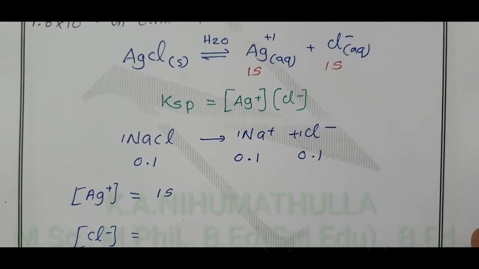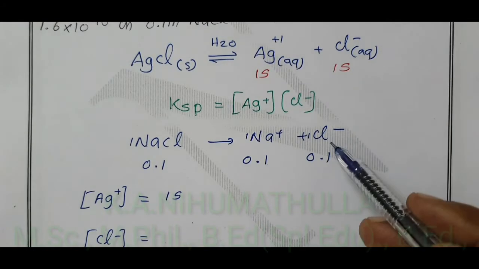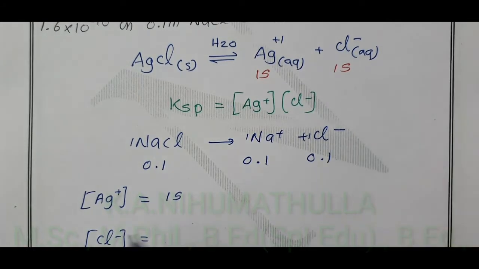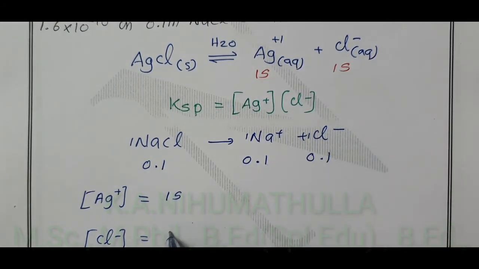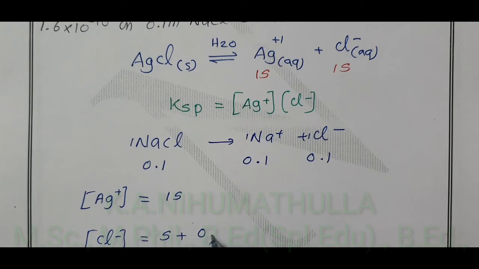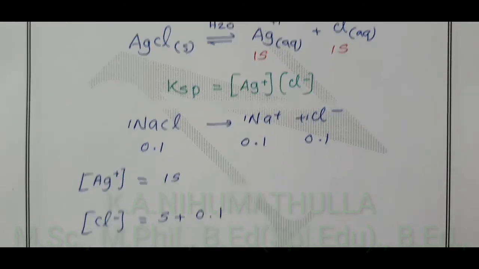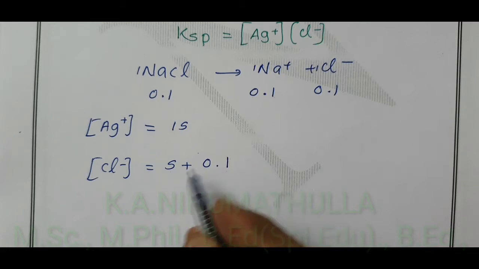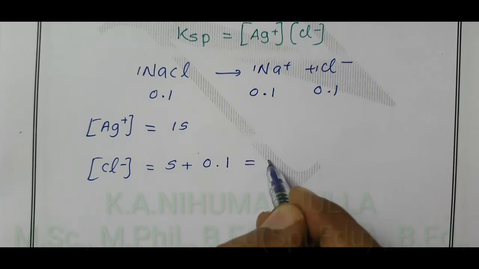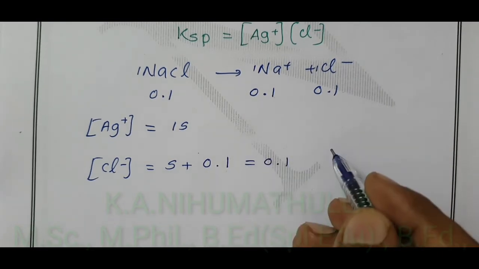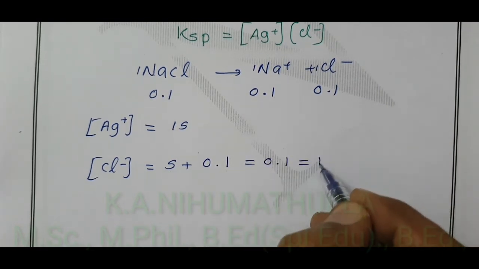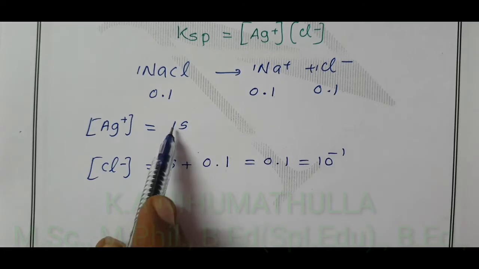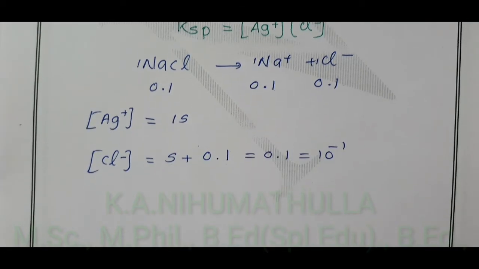First equation also we are having Cl minus ion, second equation also we are having Cl minus ion. Therefore, S plus 0.1. When compared with any number, S value is negligible, therefore here answer is 0.1, that is nothing but 10 power minus 1. Substitute these two values in this equation.